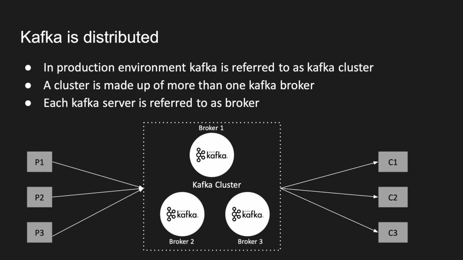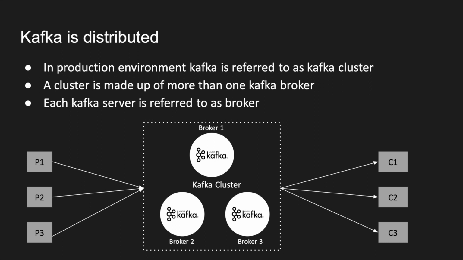Kafka is distributed. As you can see here, there are 3 Kafka servers running, which forms a cluster. And each Kafka server we call as a Kafka broker. So broker 1, broker 2, broker 3. So a Kafka cluster is a collection of Kafka brokers. A Kafka cluster is horizontally scalable, which means we can add or remove brokers in the cluster.